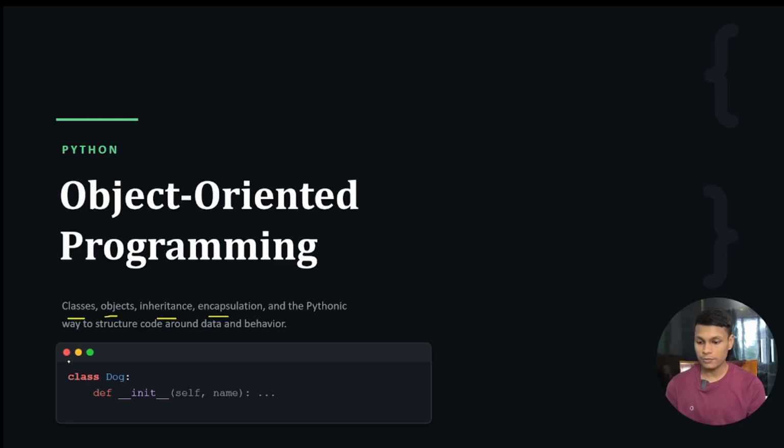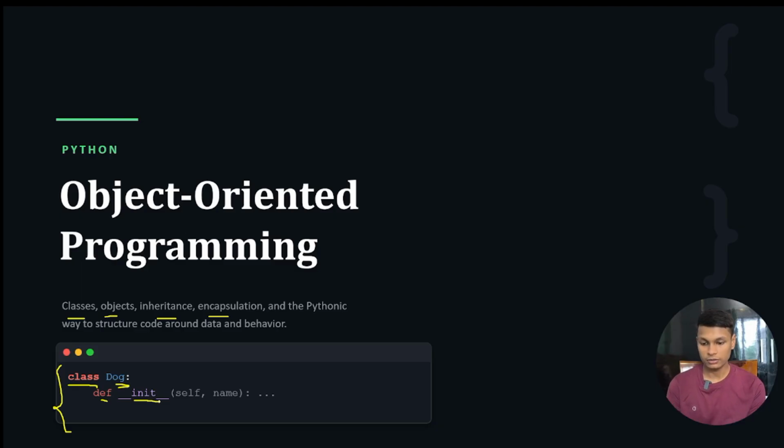So here a basic object oriented function was written. Let's understand the basic syntax, how we are going to write things in an object oriented programming language. You can see that here a class was created, a class Dog. After that we are going to define an init function.